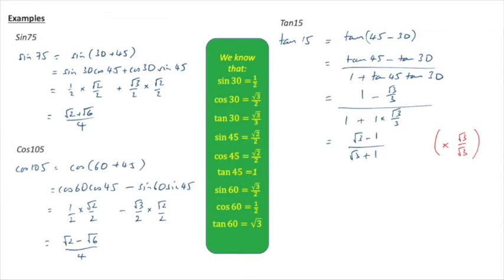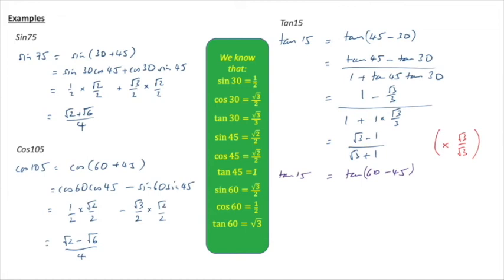Root 3 over 3 times root 3 is 3 over 3, which is 1. So we get root 3 minus 1 on the top. On the bottom we have 1, which when we times by the root 3 is root 3. Then we have 1 times root 3 over 3, which is root 3 over 3. We need to times that by root 3, which gives us 3 over 3, which is 1. So, finally, tan 15 is root 3 minus 1 over root 3 plus 1.